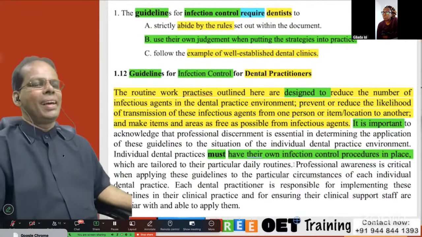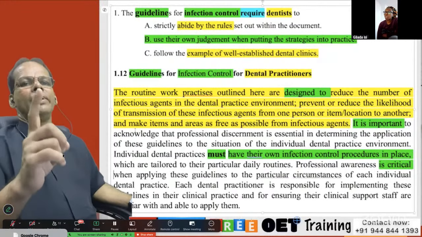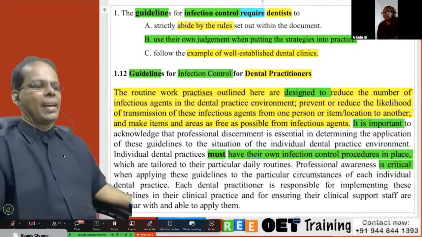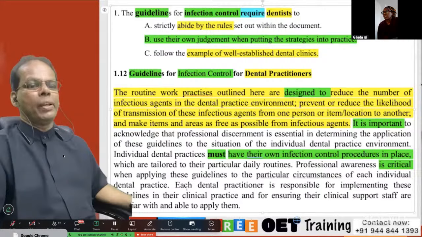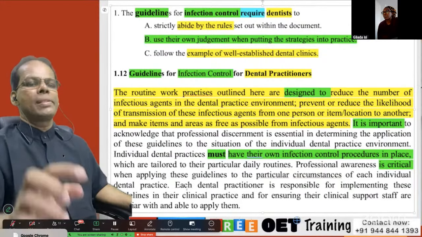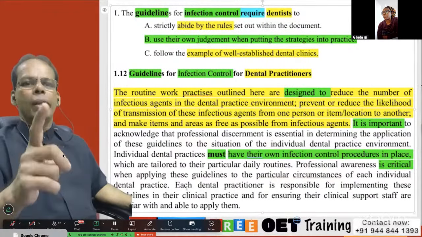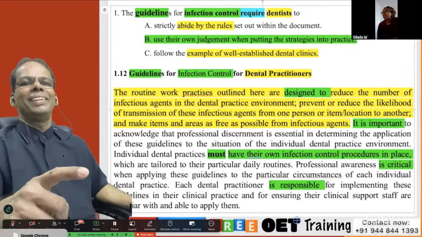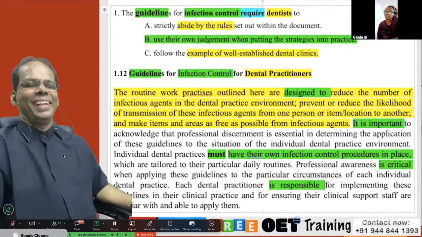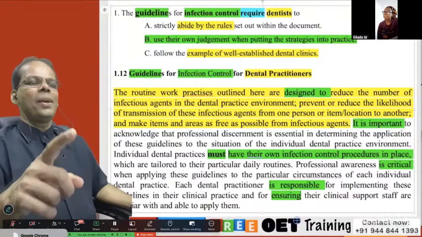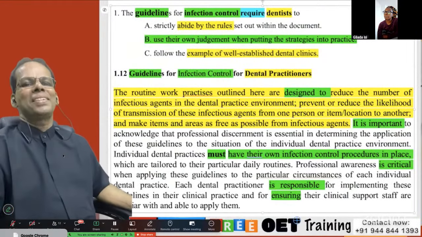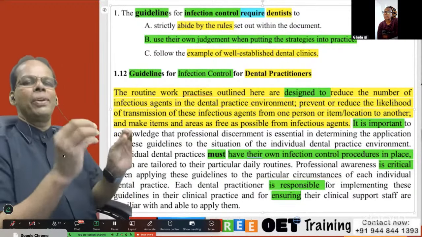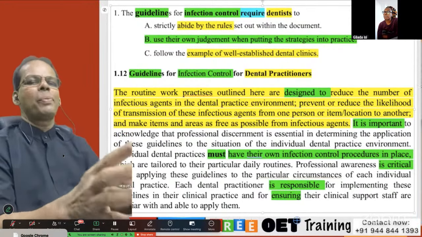It's critical that you practice your reading tests, daily tasks, when applying these guidelines. Each dental practitioner is responsible. Each health professional is responsible means must, right? You are responsible to do that means you must do it. Do you understand? Yes. Okay. You are responsible for implementing these guidelines in clinical practice and for ensuring, again. You see how many words tell you must. The whole taste and smell and fragrance and nature and culture of this paragraph is must.